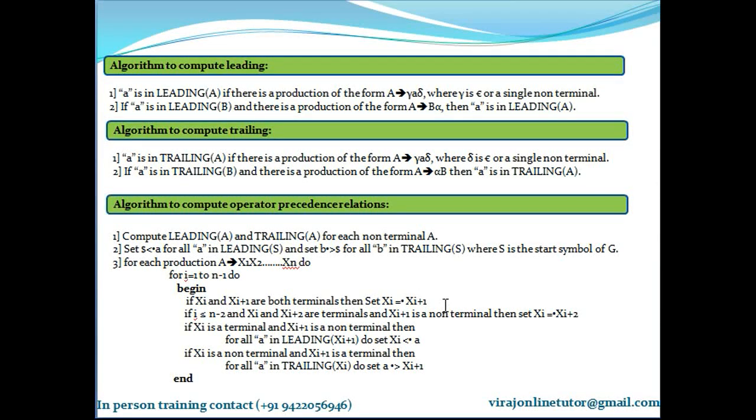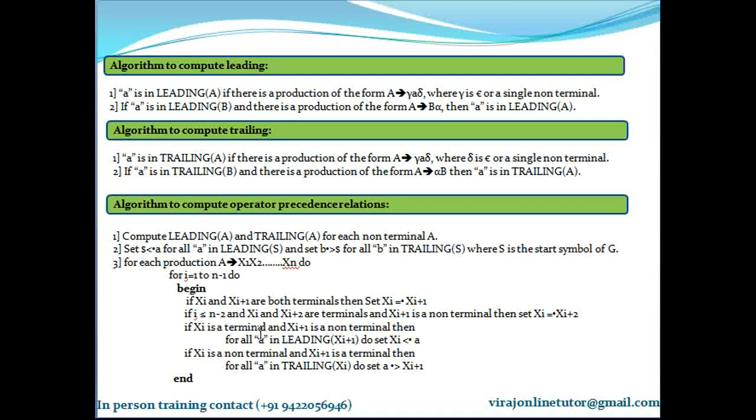If you have a series of terminals in the productions, like capital A giving small a small b, so small a small b are concatenated, right? In operator precedence grammars, you cannot have two consecutive non-terminals, but you can have two consecutive terminals. So if you have Xi and Xi plus 1, meaning two consecutive terminals, then the left hand side terminal is equal to the right hand side terminal.